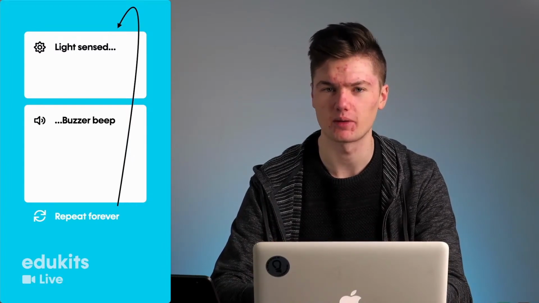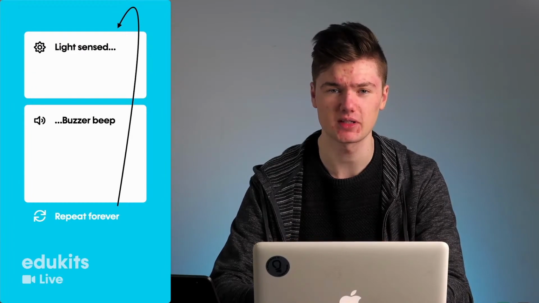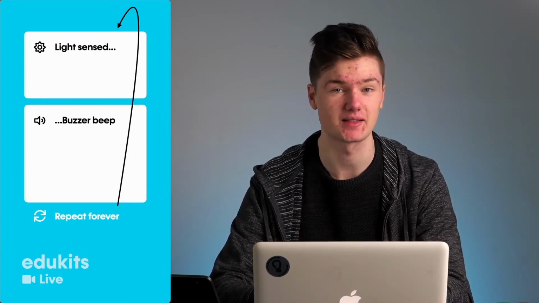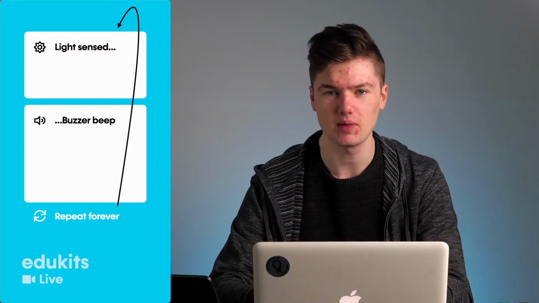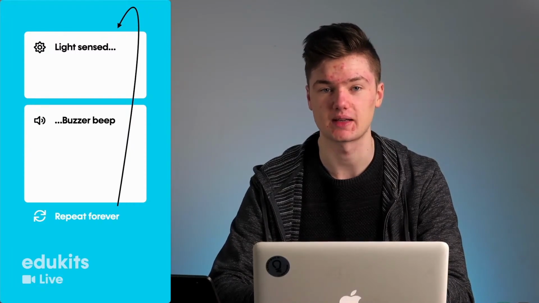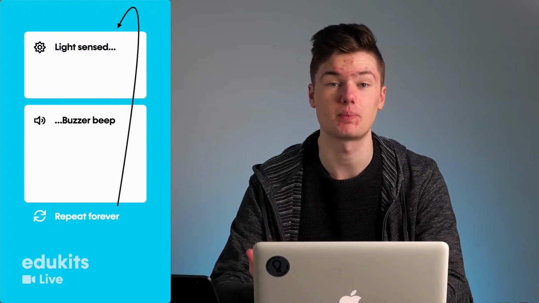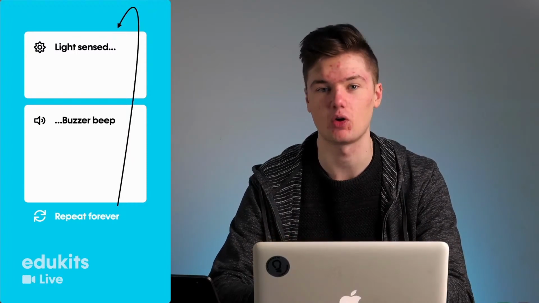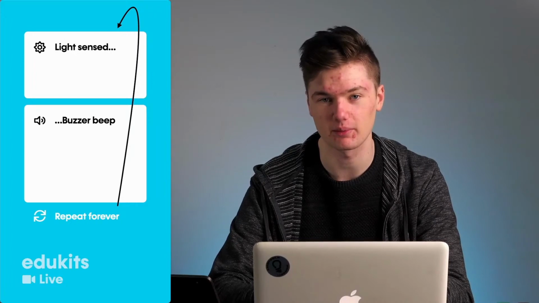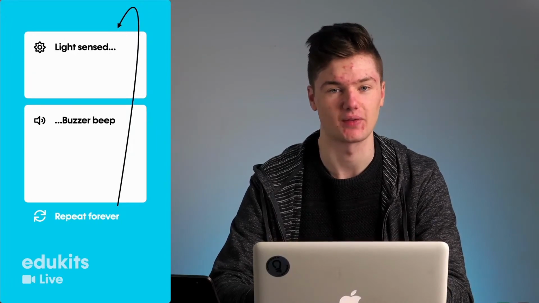Last time we were making this noise if the button was pressed, but this time we're going to make it if light is sensed. So this is going to work by you putting this invention in a dark place, and then you wait until there's light, so this could be in a situation where you're waiting until it's morning or waiting until someone opens the cupboard, for example, and then this is going to activate.